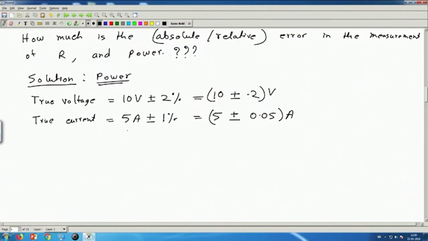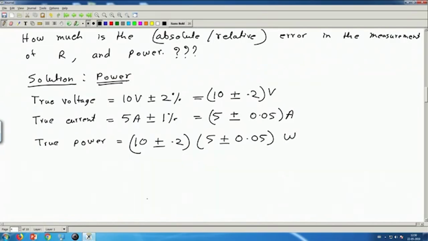Okay, so the true power will be how much? This multiplied by this: 10 plus minus 0.2, and then 5 plus minus 0.05. So volt multiplied by ampere, this will be watt.